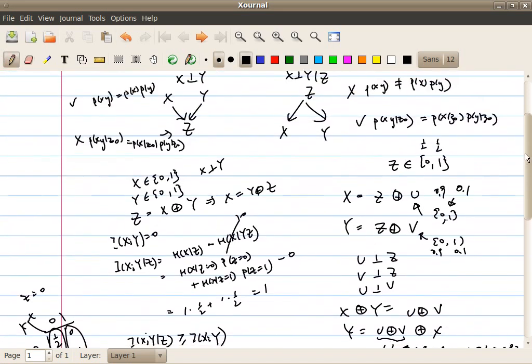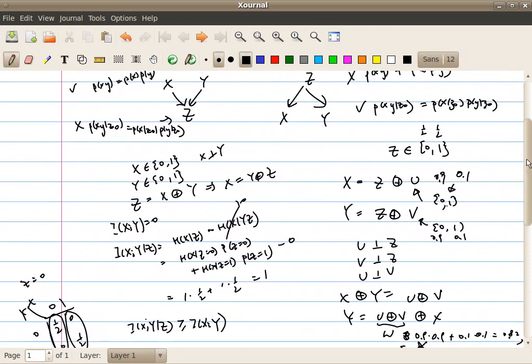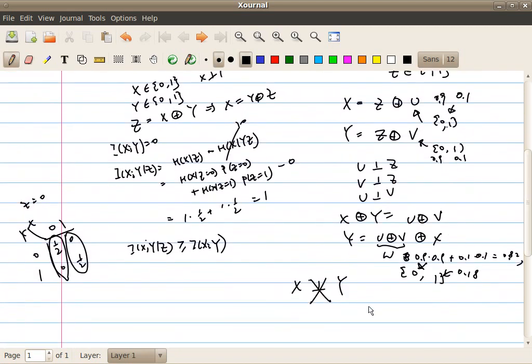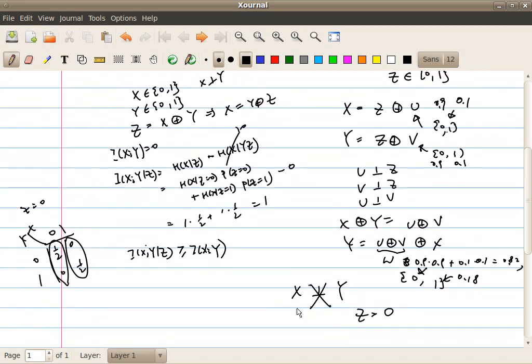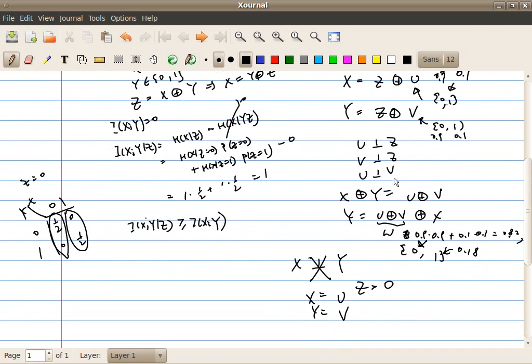But if we observe z, for example, if we know that z is equal to 0, then x will be just equal to u, and y is just equal to v. And we already said that u and v are independent, therefore x and y are independent. And the other case is true also.